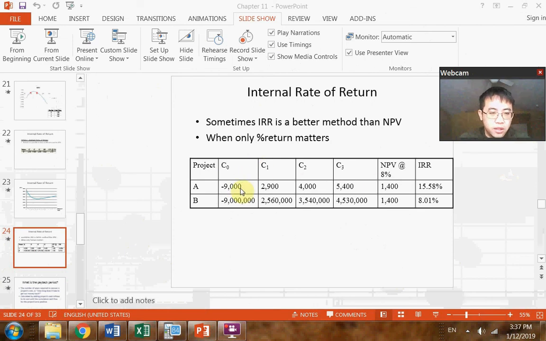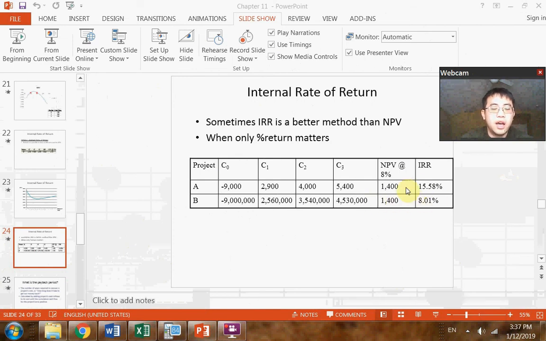Just look at the scales of their cash flows. These are all in $1,000, and you still get a $1,400 NPV, whereas for project B, all the cash flows are in millions of dollars, but you still get $1,400 profit for NPV. That's very pathetic for project B.